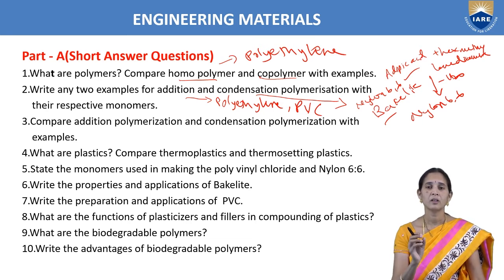Because a strong covalent bond is formed between the small molecules. So when we heat these kinds of polymers, they do not become soft. They remain as they are because of the strong covalent bonds between the molecules.